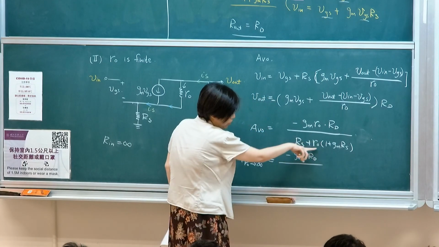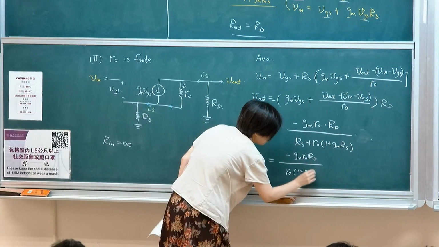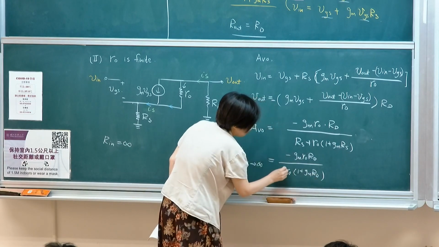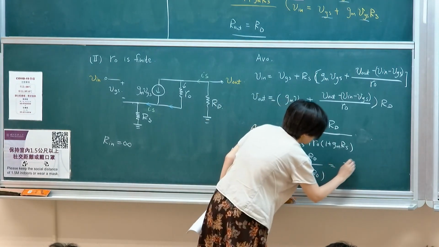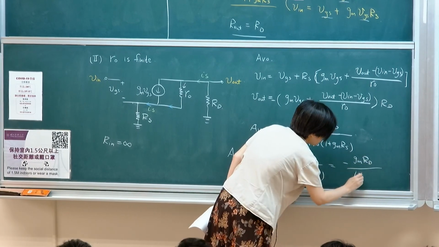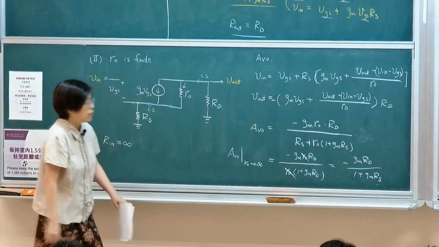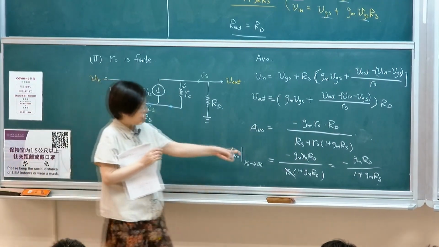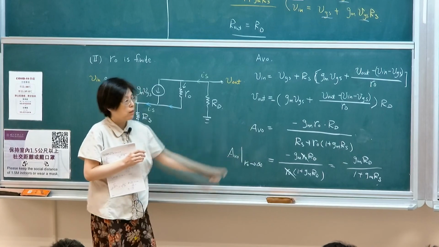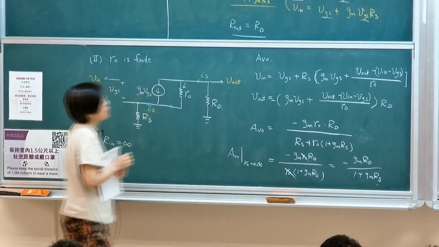At the bottom, you will see this part, RO will be larger. So you get rid of this, you get GM RD, 1 plus GM. Just to show that this equation should be consistent when it reaches boundaries. This is a more complete result. Okay?